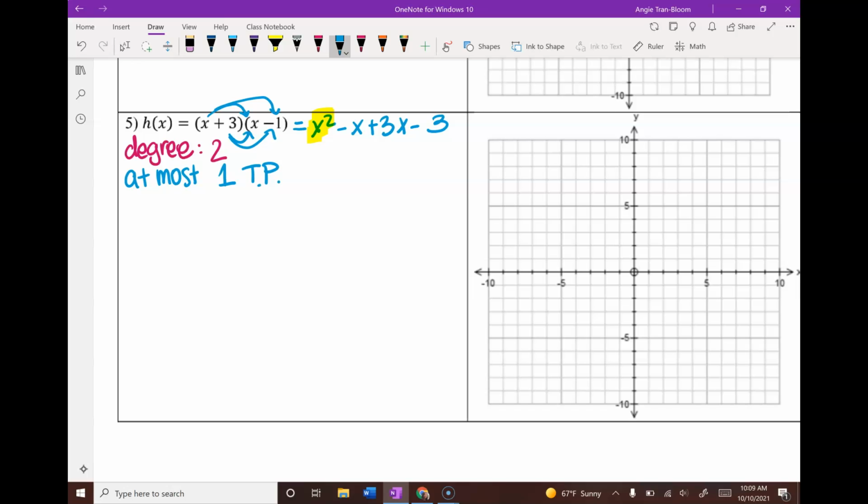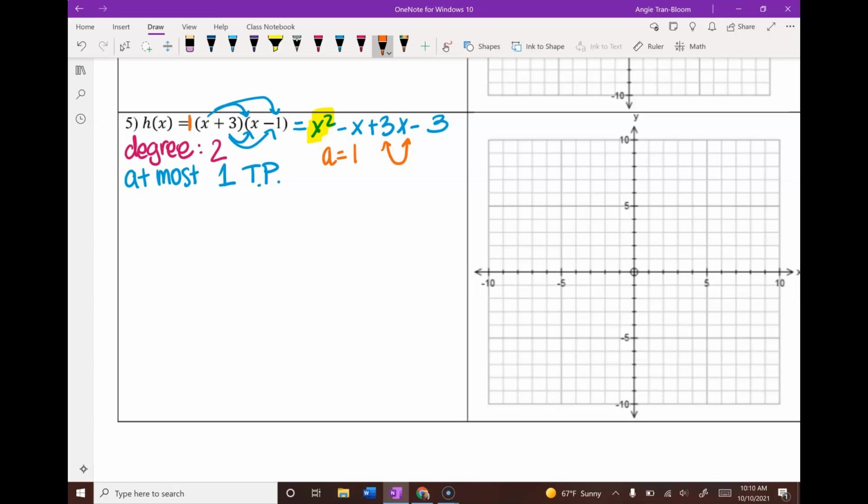Since we don't see an a value in the front, students, it's going to be 1, and that's a positive value. With a degree of 2 and a value of 1, we know it is going to be a parabola opening upward.